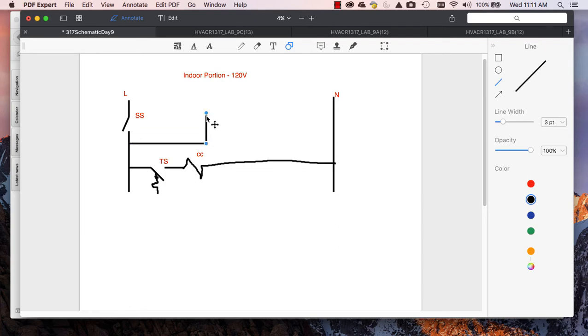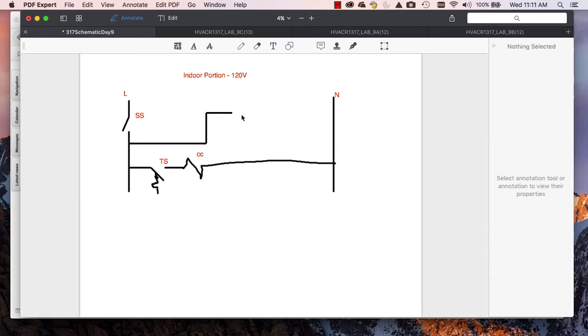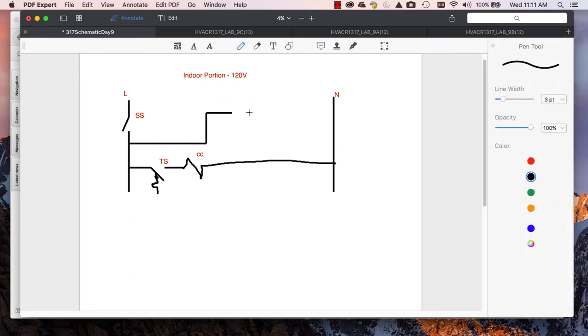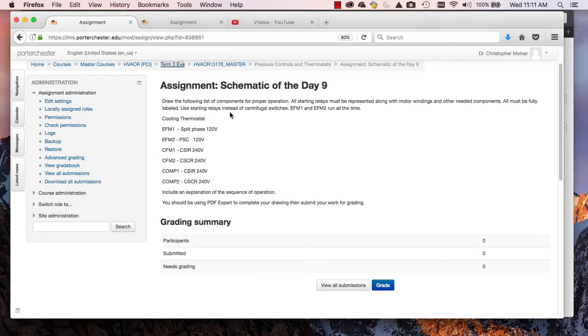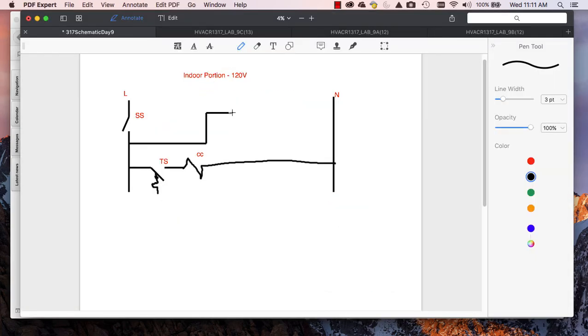Okay, I got to give myself enough room for the motor. So let's, our first motor, if we take a look back at the diagram, split phase, 120 volts. Okay, so let's go ahead and we'll give this a current coil relay.